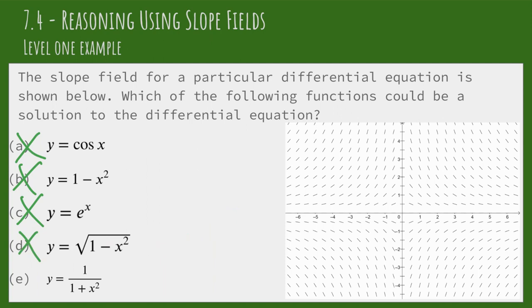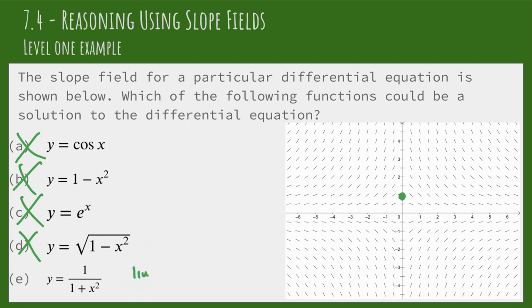If you think about what's going to happen with this graph, so first of all, if we think about an initial condition, we plug 0 in for x, we get 1 for y. So y of 0 is 1. So it's going to go through this point right here.